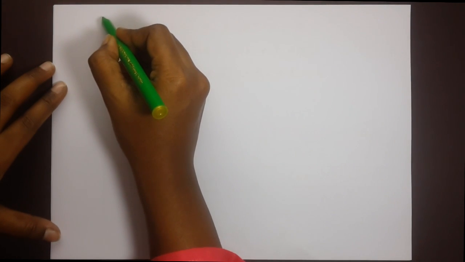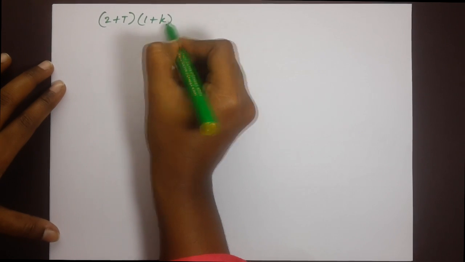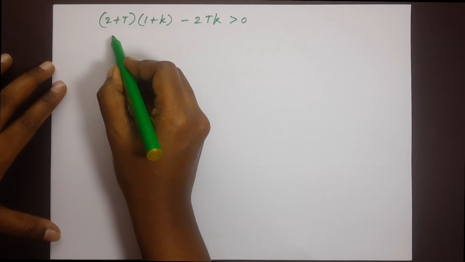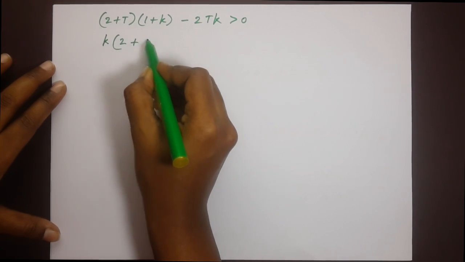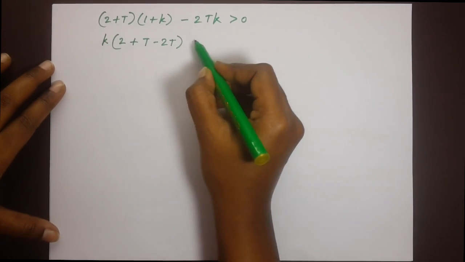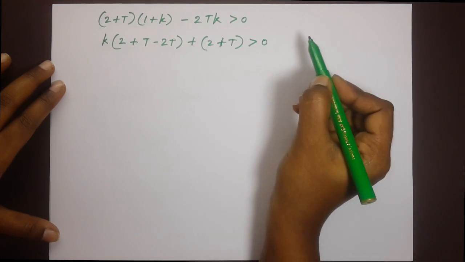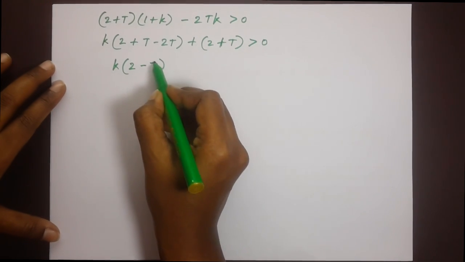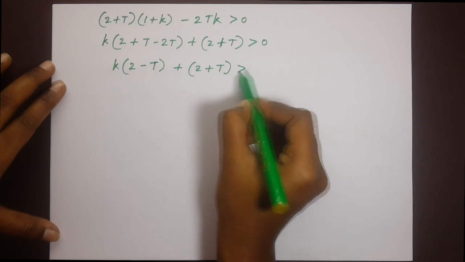Now we have 2 plus t into 1 plus k minus 2tk greater than 0. Let's write it in terms of t, taking k common here. So that's k into 2 plus t minus 2t, plus 2 plus t is greater than 0. K into 2 minus t, now I'm solving, plus 2 plus t is greater than 0.